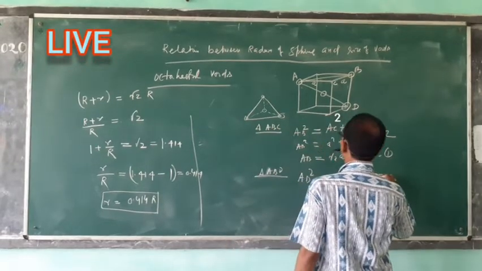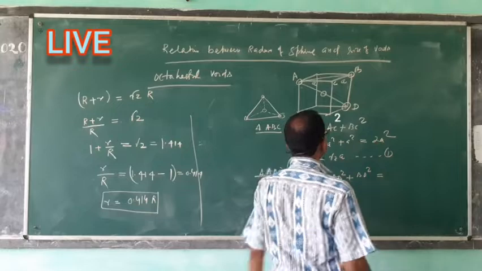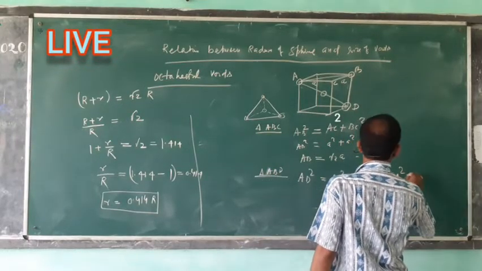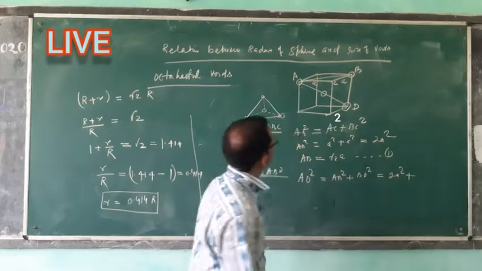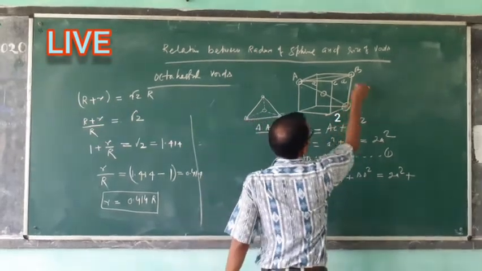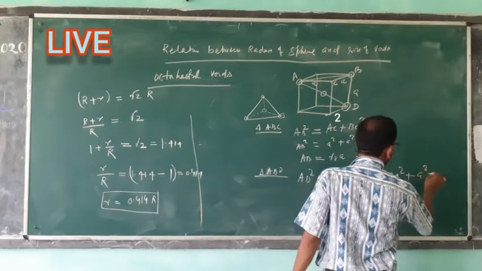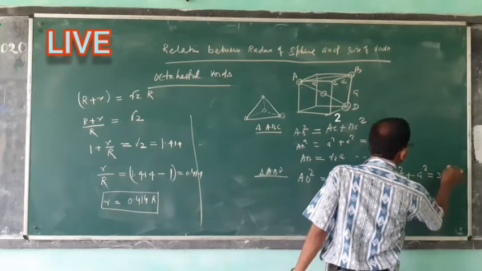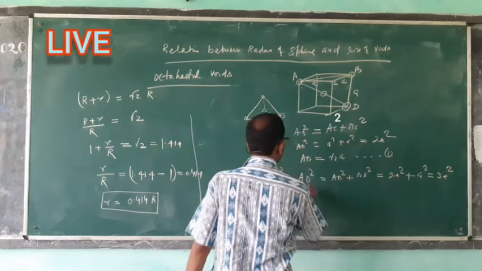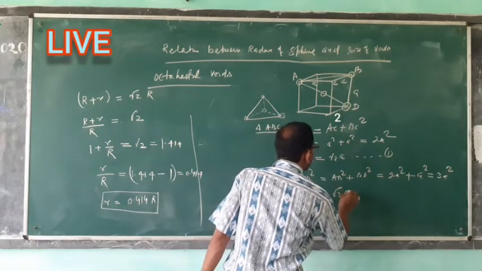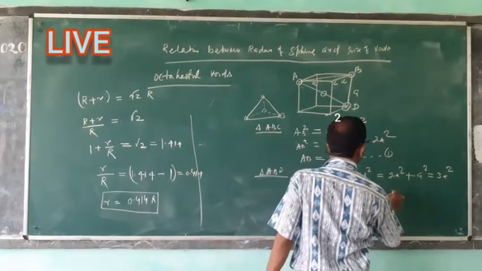AB square is equal to 2A square, and BD is also A, because it is the edge length of the cube, so A square, which is equal to 3A square. Now AD is equal to root 3 A. This is your equation 2.